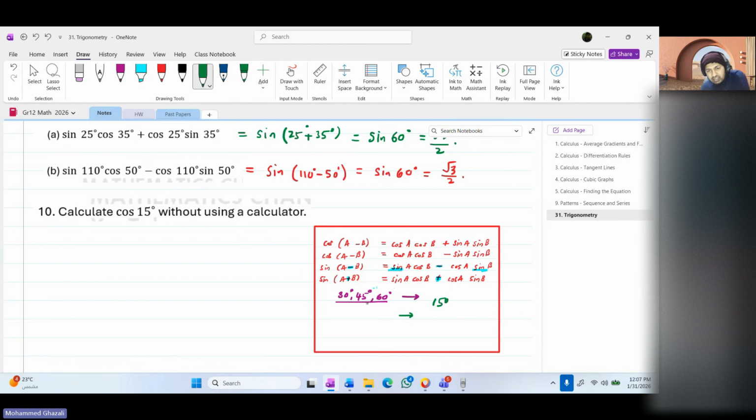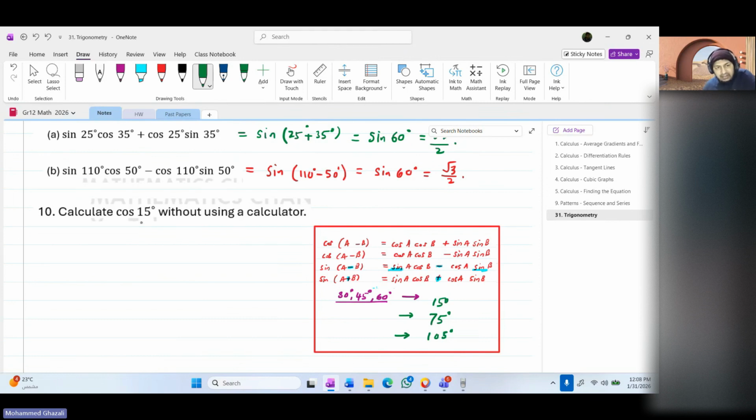You can also get 45 plus 30, which is 75. These are special angles created from compound angles. And you can also get 45 plus 60, which is 105. So these are three more special angles.